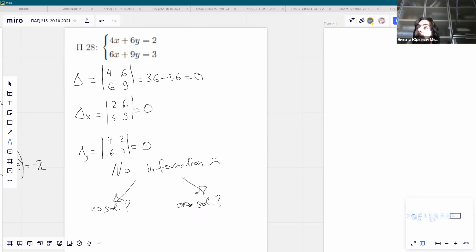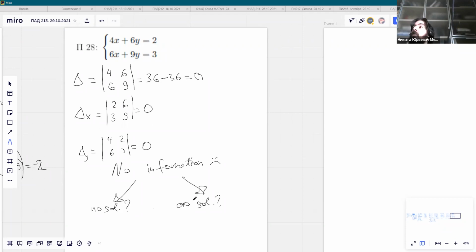You might remember, I hope you remember, there are 3 possibilities for each system. It can have no solutions, 1 solution, or infinitely many solutions. So the situation with 1 solution is covered by Cramer's rule. If Cramer's rule doesn't work, only 2 situations remain, but we can't see which one. So this is a very pessimistic example. It shows that we didn't really learn anything. Now we shall abandon Cramer's rule and solve this system by usual methods.